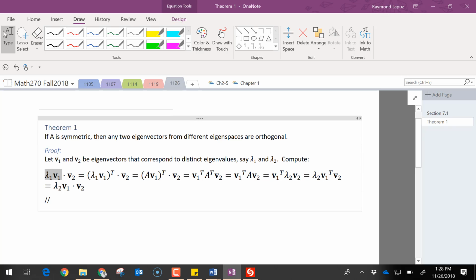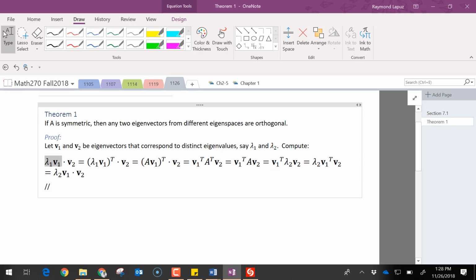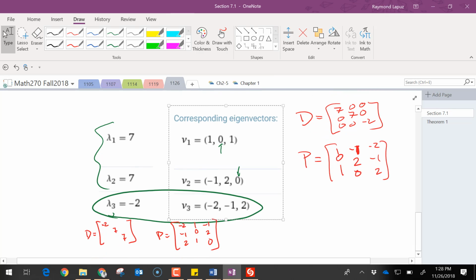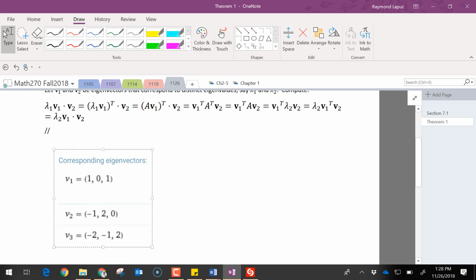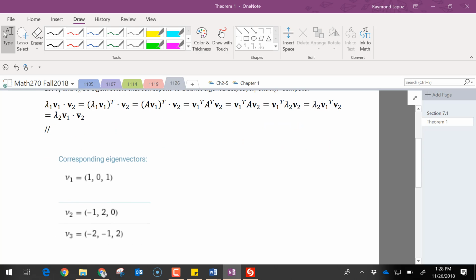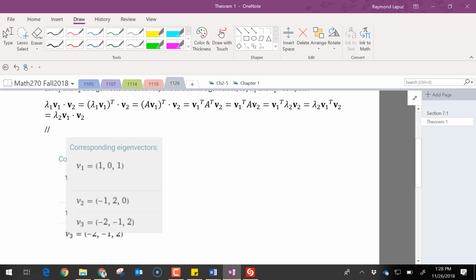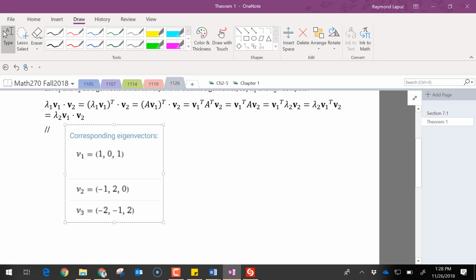But let's take the example that we got, and let's take a look at the eigenvectors. The proof is up there. This is more of a justification. Remember, these two came from lambda equal to 7, and this came from lambda equal to -2.